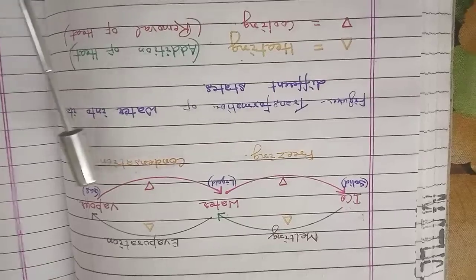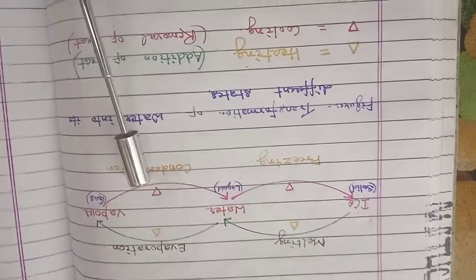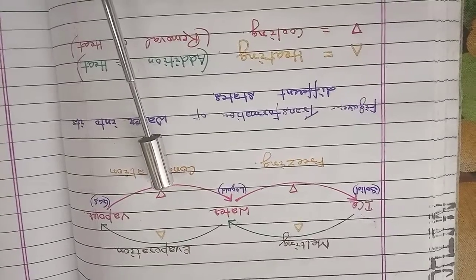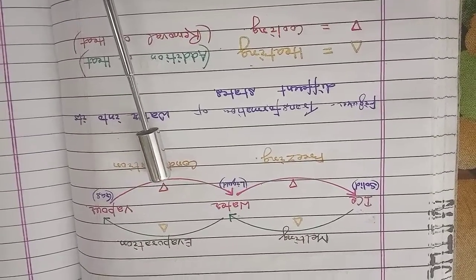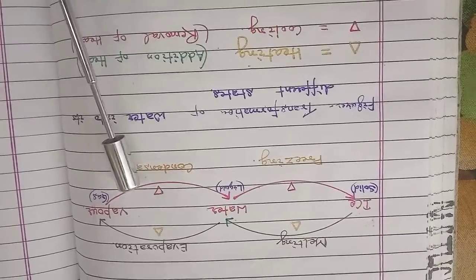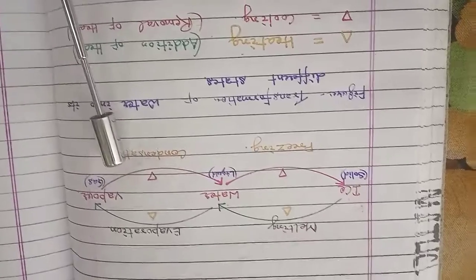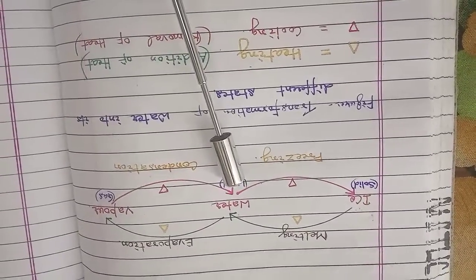Just like that, when water vapor is cooled down, which means heat is being removed, this inverted triangle sign mentioned here means cooling, that is removal of heat. So by the removal of heat from the gaseous form of water, it transforms into its liquid state, that is water.